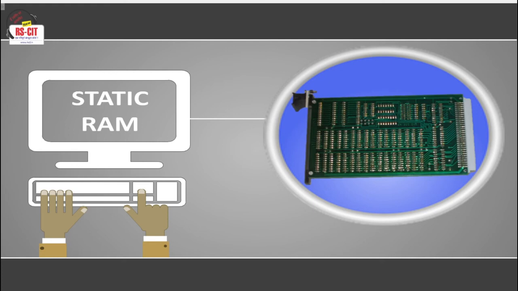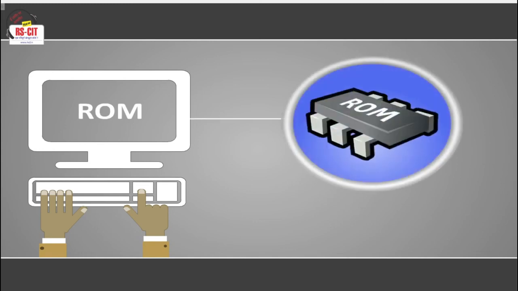In contrast, the main memory in a computer is typically dynamic RAM, that is DRAM. Static RAM chips have access times in the 10 to 30 nanosecond range, while dynamic RAM is usually above 50 nanoseconds.